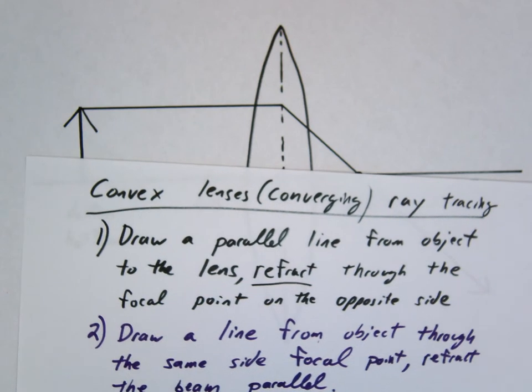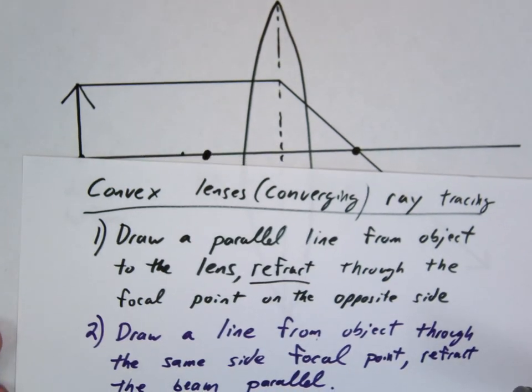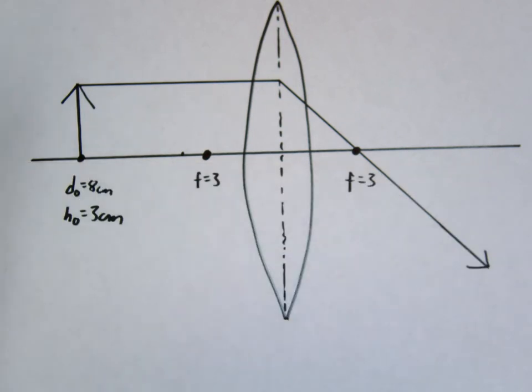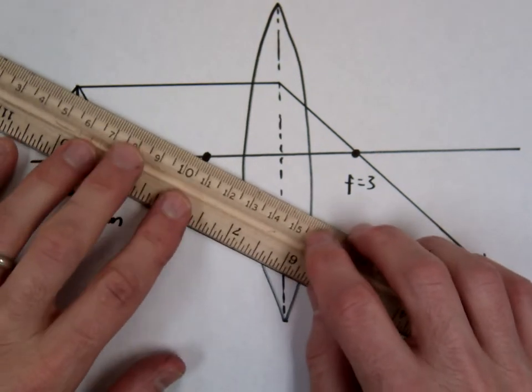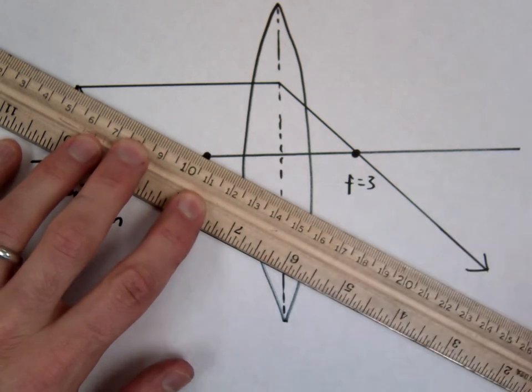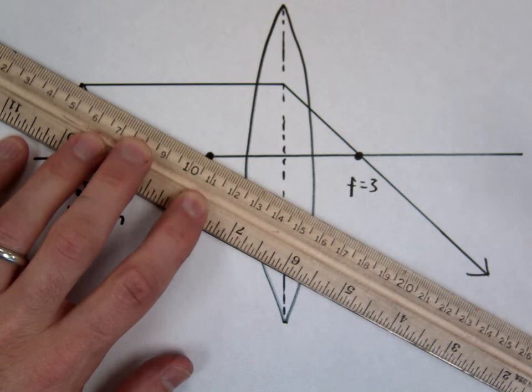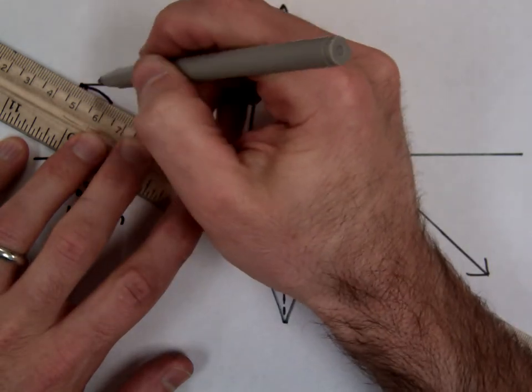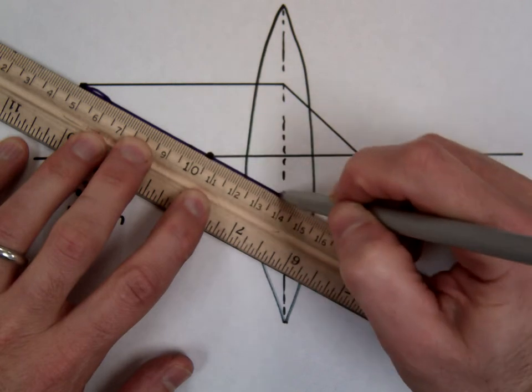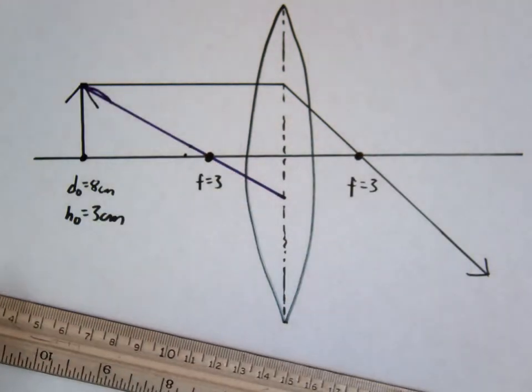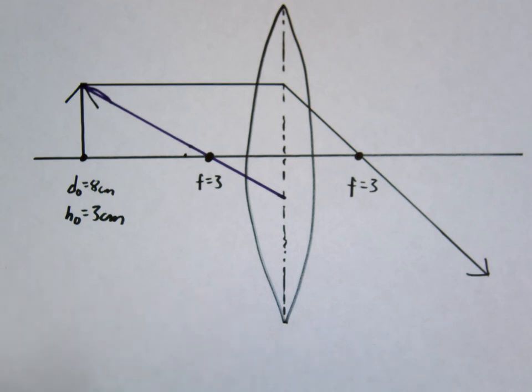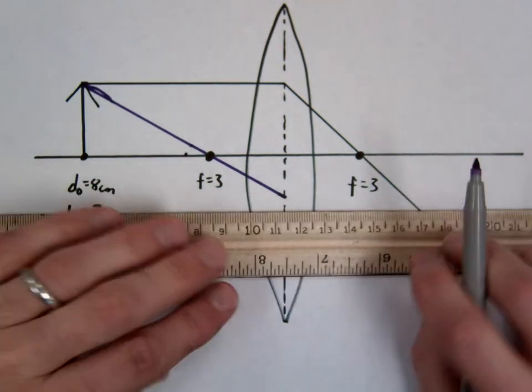So draw a line from the object through the same side focal point, and then refract the beam parallel. We're going to go ahead and refract it parallel. Okay, so take your ruler. I also have this written on the board on the side if you can't, when I remove the paper. Okay, send it through the focal point. This is beam number 2, and then we're going to refract it parallel.